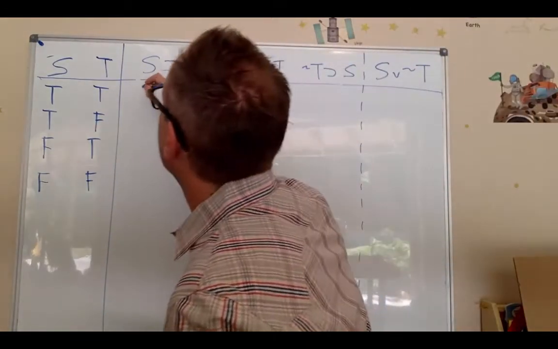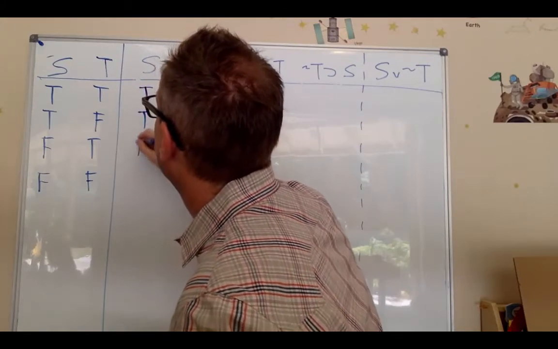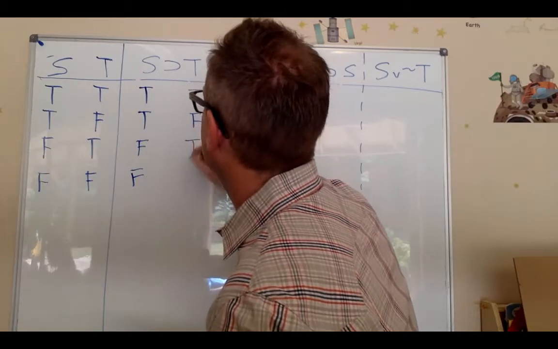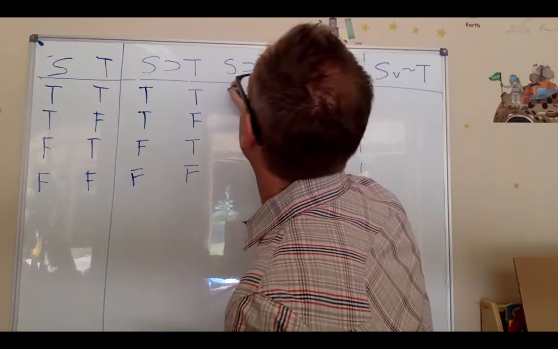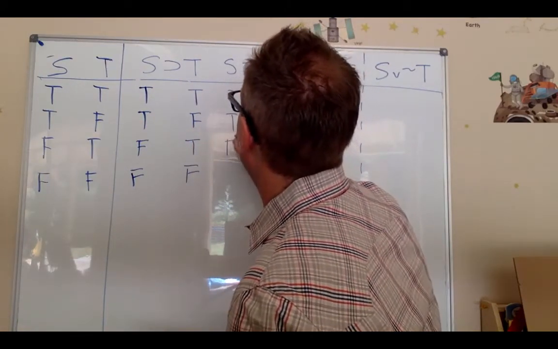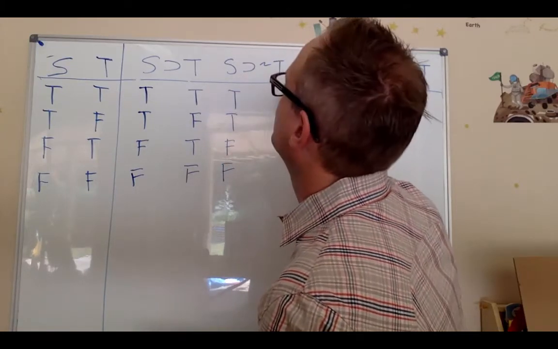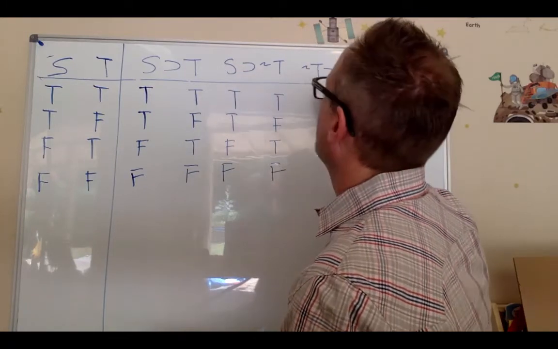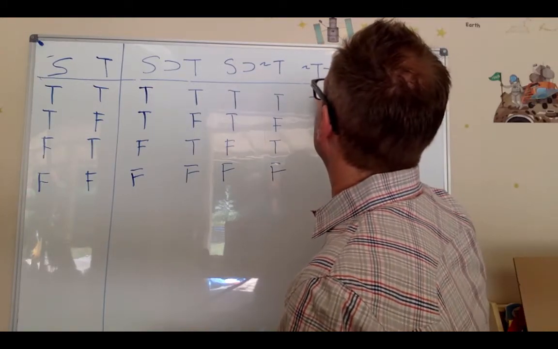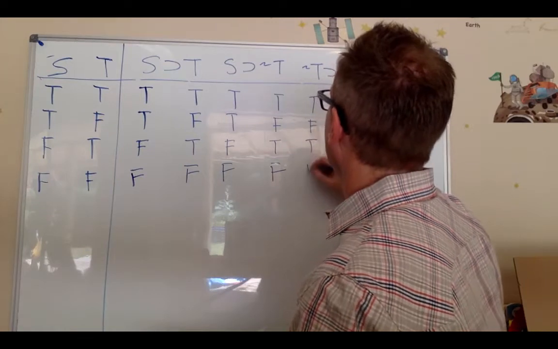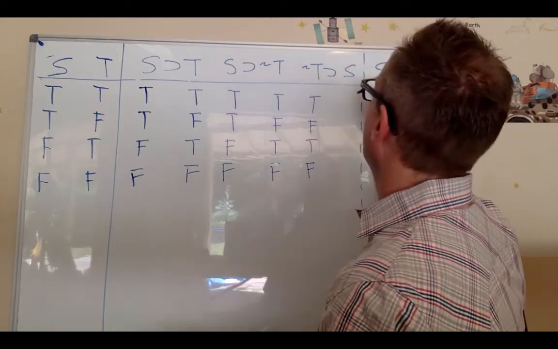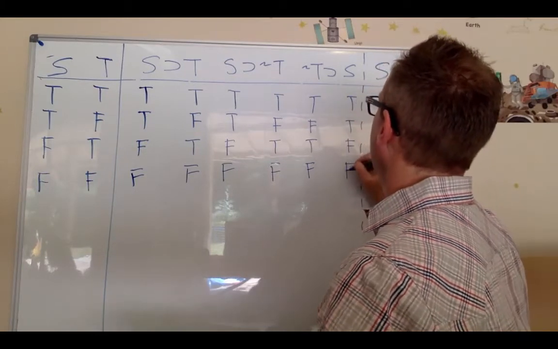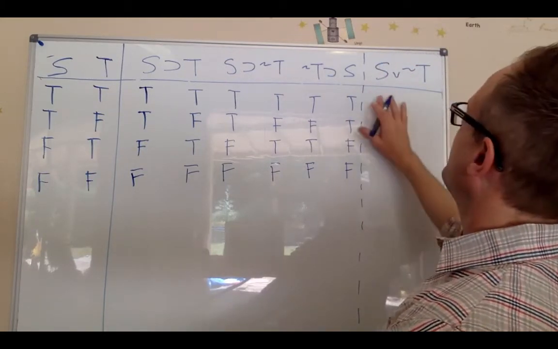Here we go. T, T, F, F, and then T, F, T, F, and then T, T, F, F, and T, F, T, F, and then I'm going to do the same thing here, T, F, T, F, and then the same with S, I have T, T, F, F, and now I'm going to do my conclusion.